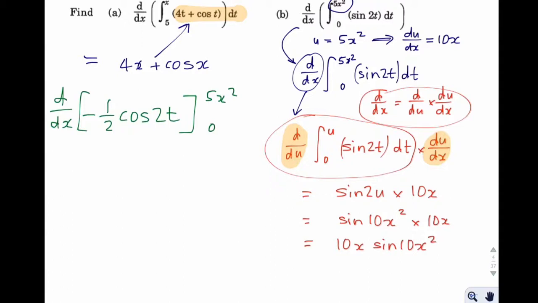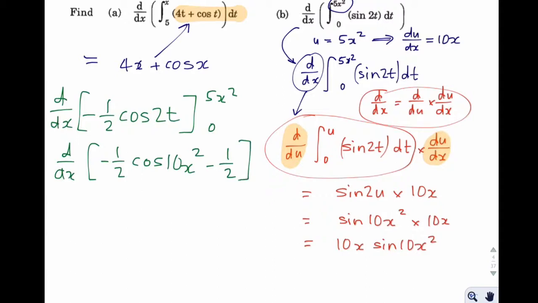So I'm now going to substitute 5x squared, so negative a half cos 10x squared, minus negative a half, and now I substitute 0 in there. Cos of 2 times 0 is cos of 0, which is just 1, so that's just going to be negative a half.